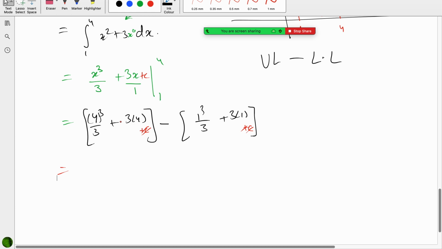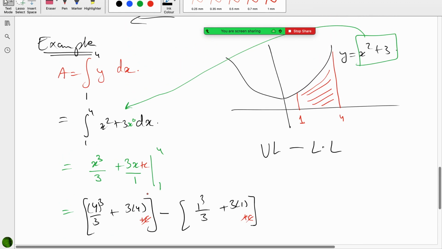And the remaining is use of the calculator. Four cube by 3 plus 3 times 4 is 12, that is 100 by 3, minus 1 divided by 3 plus 3, which is 10 by 3, is 30.